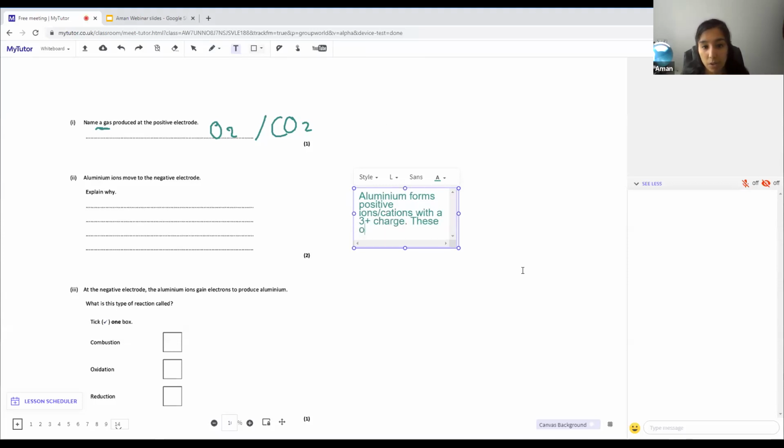These ions are attracted to the negative electrode, which is the cathode, where they gain electrons to become neutral. Okay. So something like that.